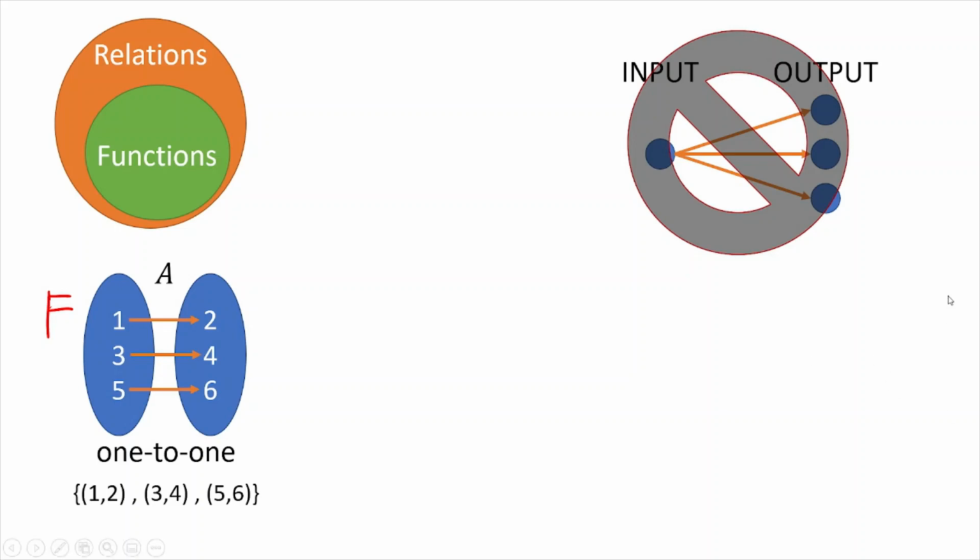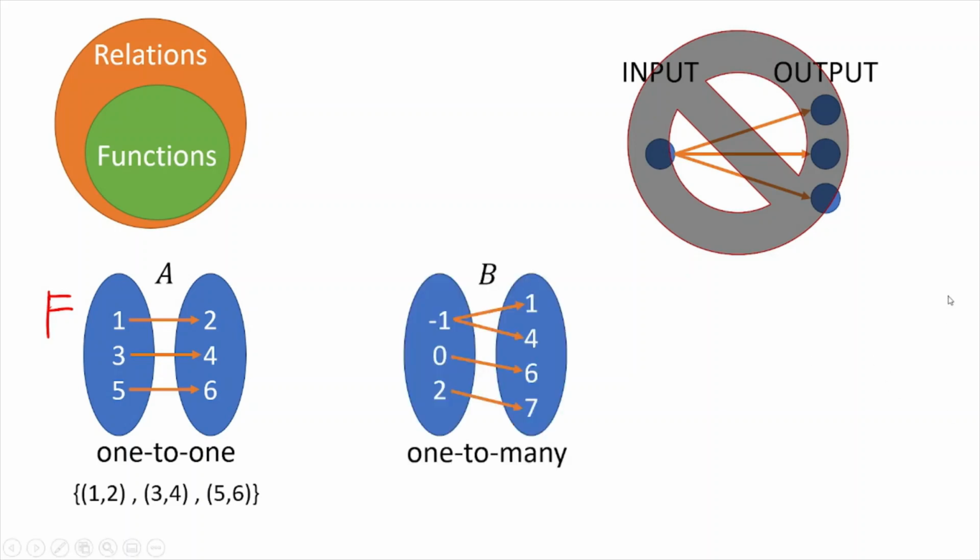Now, relation B, which is a one-to-many relation, this is not a function. It's just a relation in general. Okay, so let's put R. Okay, this is because it involves multiple y values for a single x value, which is exactly what we want to avoid from this condition, right?